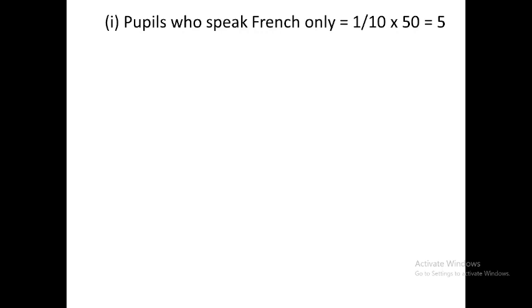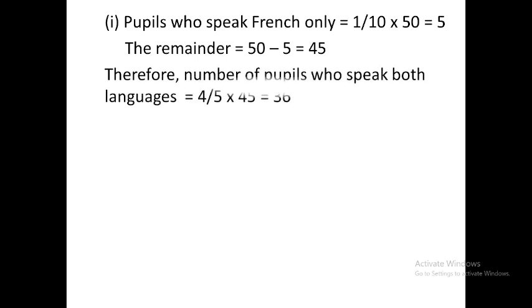That becomes 50, minus 5 students who speak French only, so we are left with 45. So 50 minus 5 equals 45. And 4 out of 5 of the remainder speak both languages. That becomes 4 out of 5 times 45, which is 36. So therefore, the number of people who speak both languages is 36. Very good.